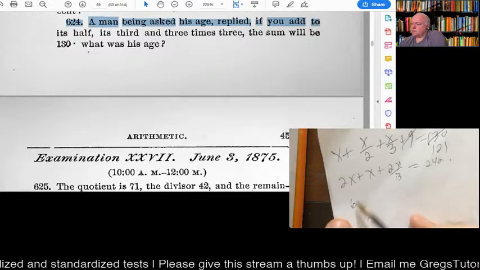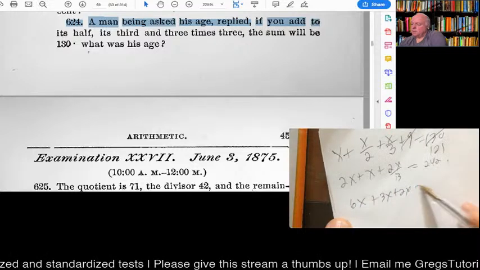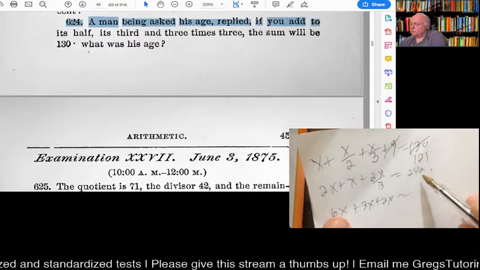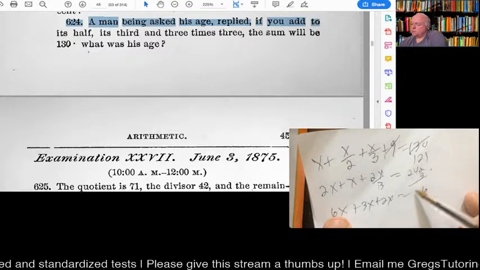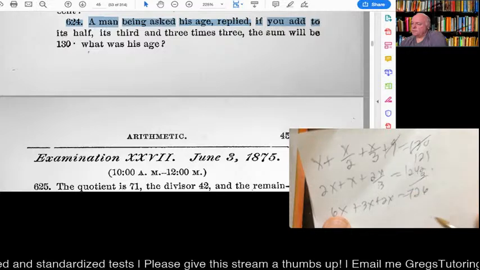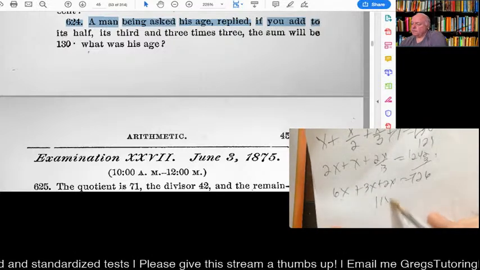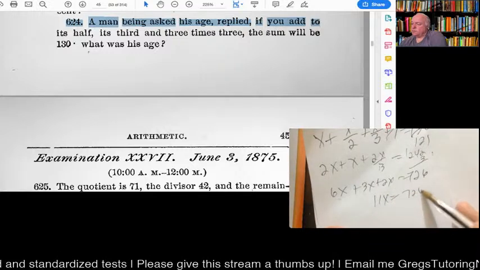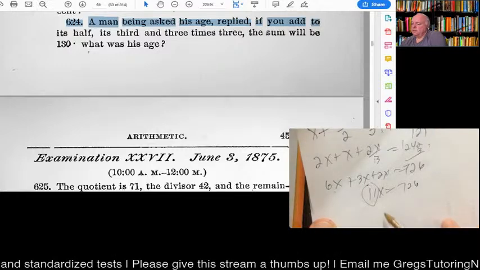So we get 6x plus 3x plus 2x equals, and then 242 times 3 is 726. So we have 11x equals 726.